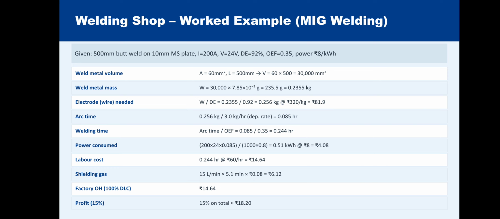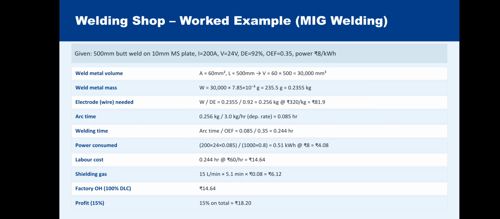Arc time: already we calculated the electrode wire, 0.256 kg, divided by 3.0 kg per hour deposition rate, is equal to 0.085 hour.